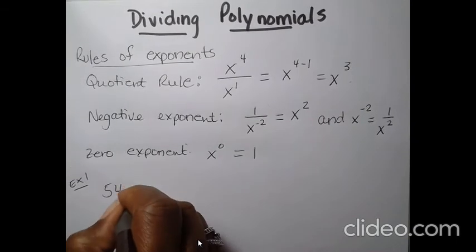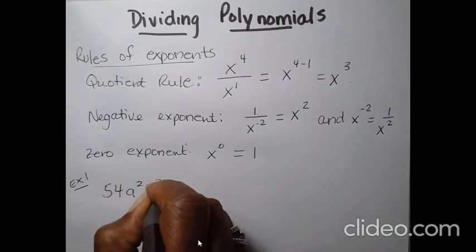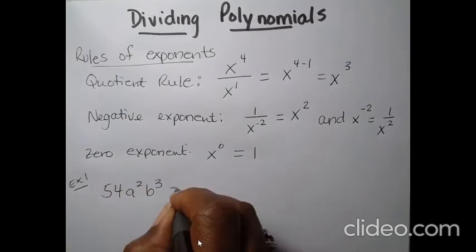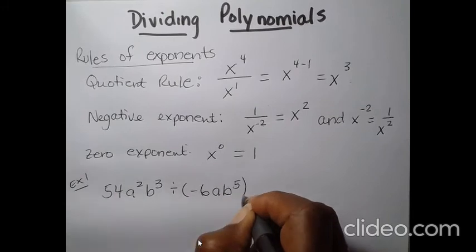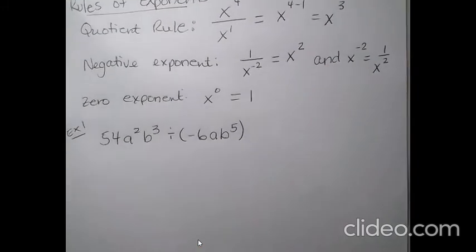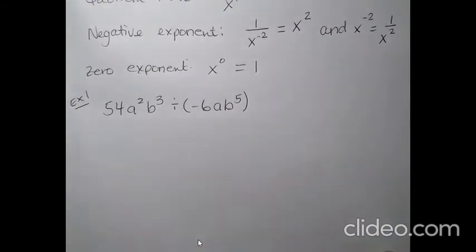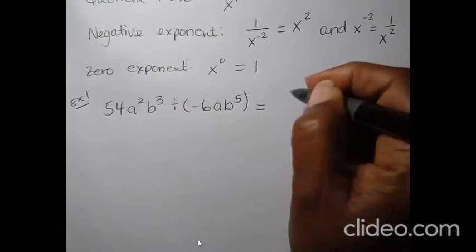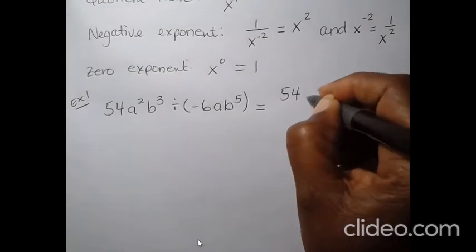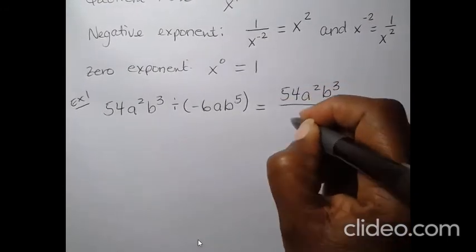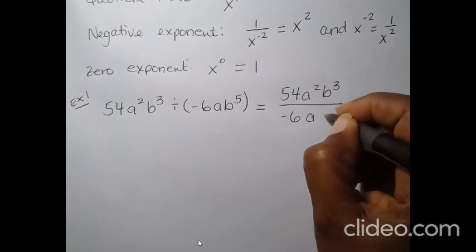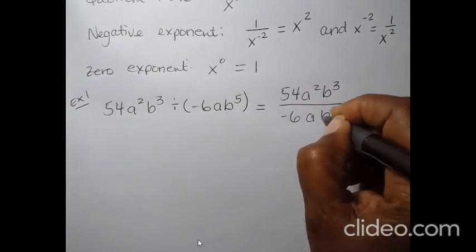Example 1: 54a squared b cubed divided by negative 6ab to the 5th. So let's put this in fraction form: 54a squared b cubed over negative 6ab to the 5th.